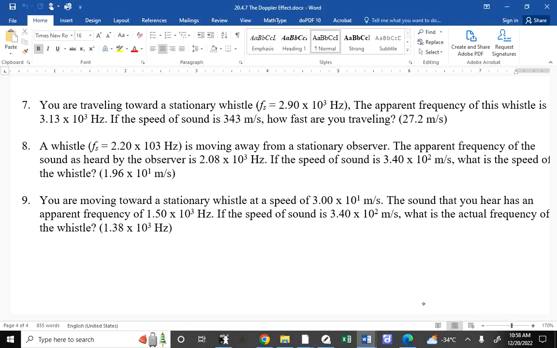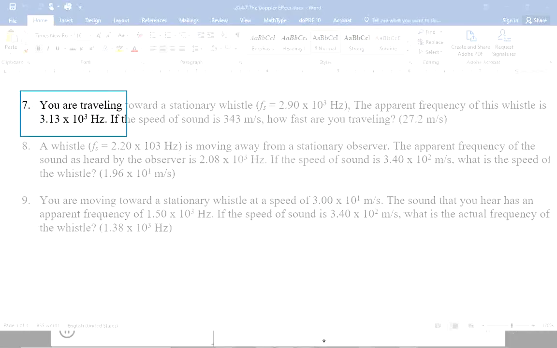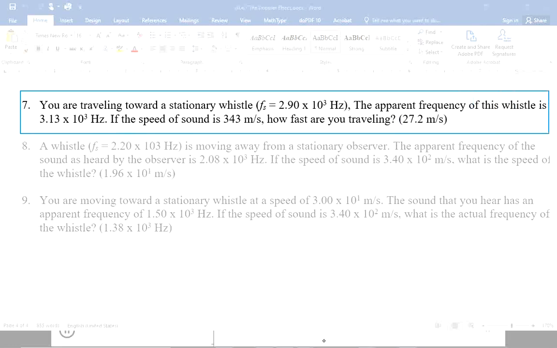So just to begin with here, if the frequency of the sound produced is 2,900 hertz, but you're hearing a higher frequency, then you have to be traveling towards the source. Yes? Okay.